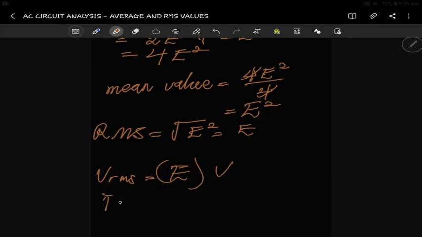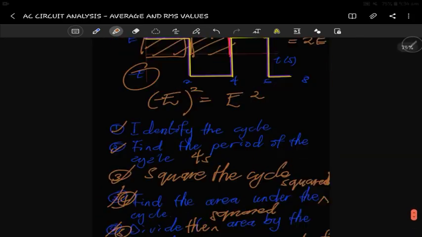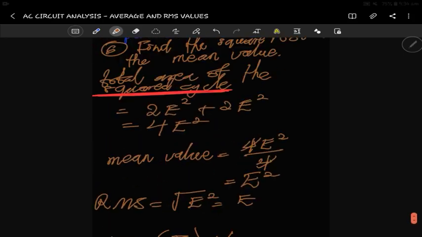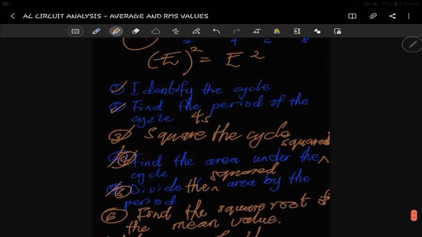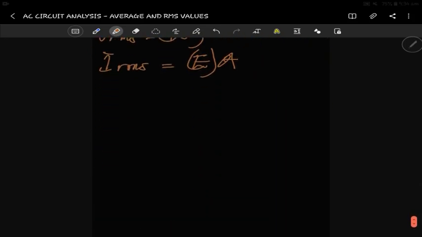If it were current on the y-axis of the graph, then the IRMS will give us e or whatever that is, in amperes. Yeah, so that's it for this particular example.